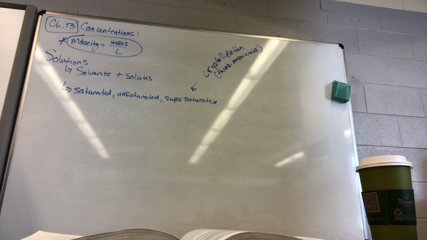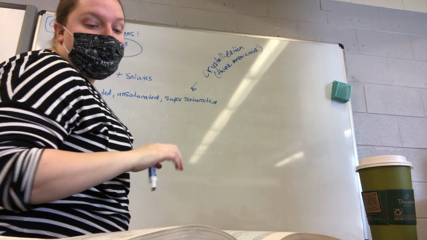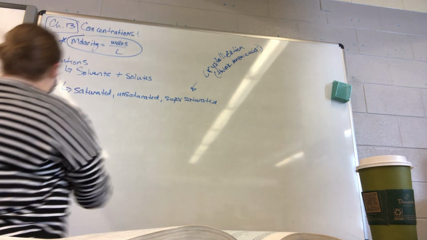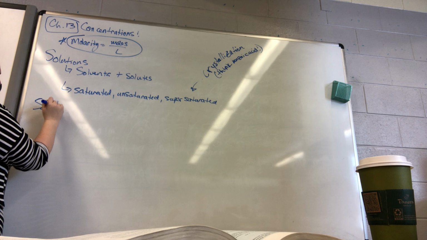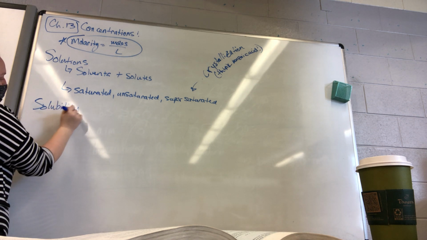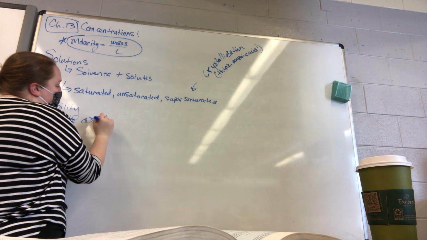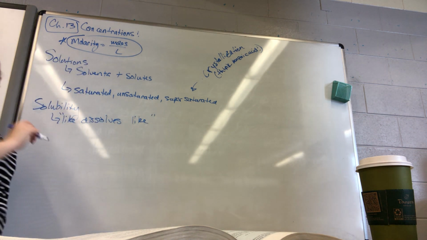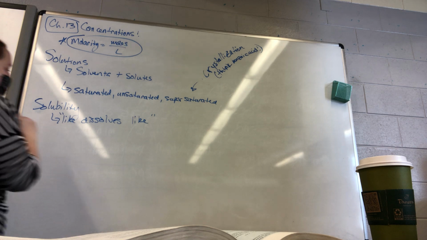From there, we discussed some information about solubility, where we said like dissolves like is the old adage. This means polar things will dissolve in polar things. Nonpolar things will dissolve in nonpolar things.